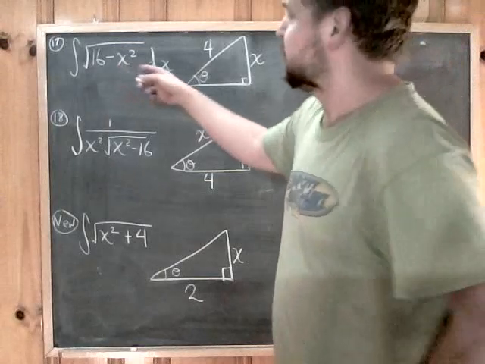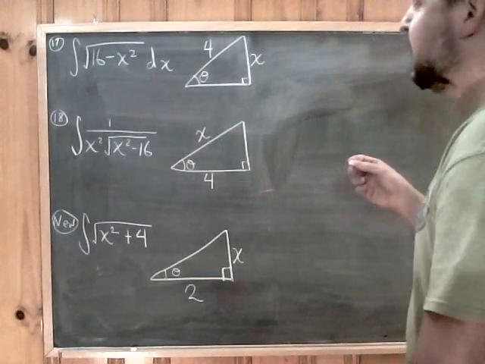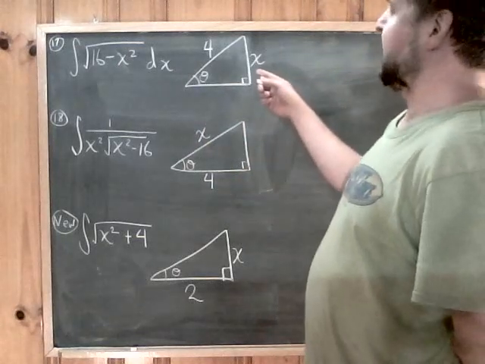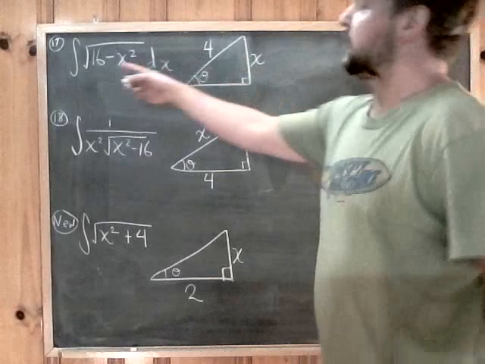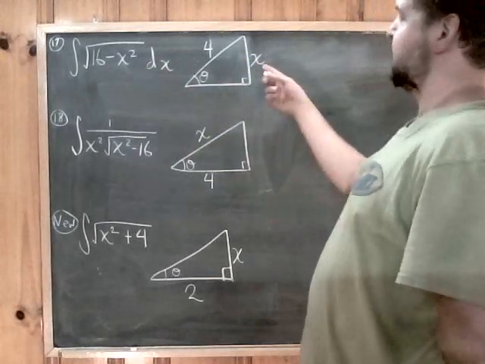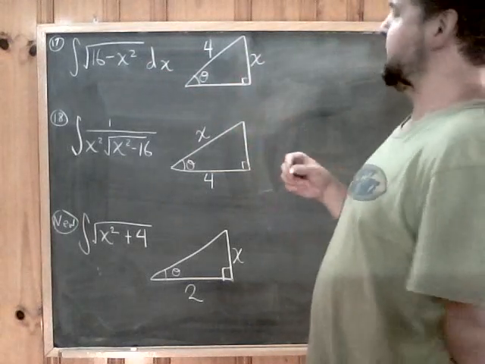Square root of 16 minus x squared. So that means the triangle looks like this. It's got 4 because that's the square root of 16, and an x on the opposite side from theta, 4 on the hypotenuse.